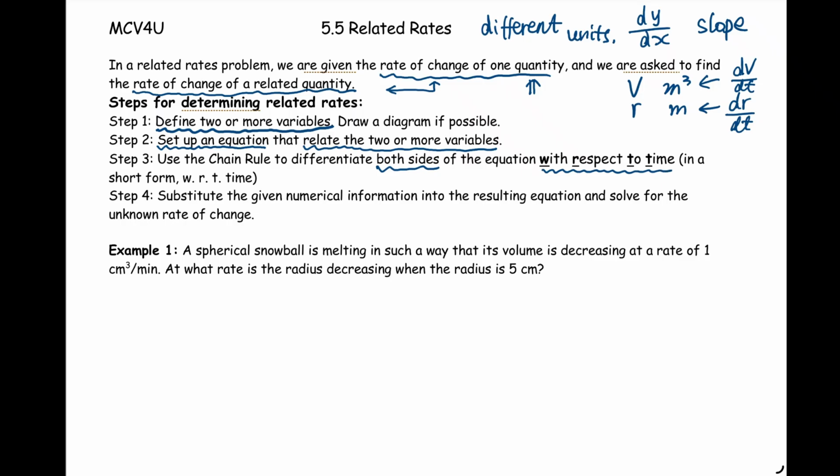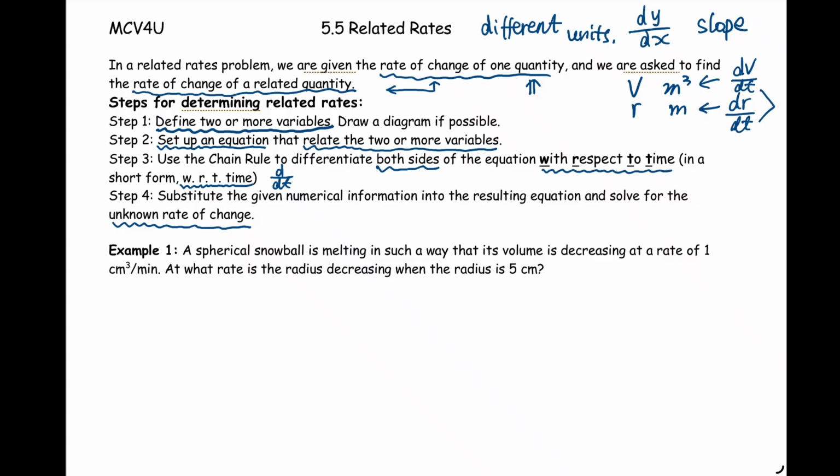In short, we can just write WRT, with respect to time. Do the derivative with respect to time, or you could just write d by dt. Then after we relate the d by dt, dr dt for example, we sub in all the given information in order to find the unknown rate of change. So there are 4 steps, and we are going to see them in our example 1.